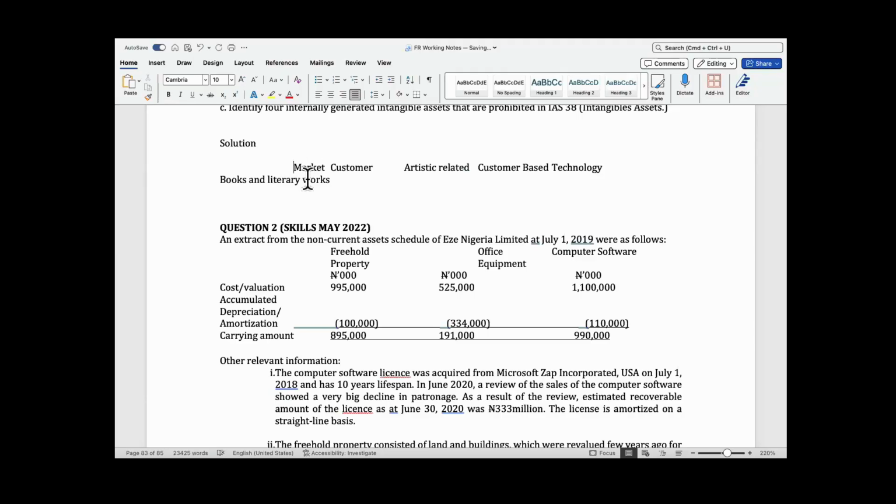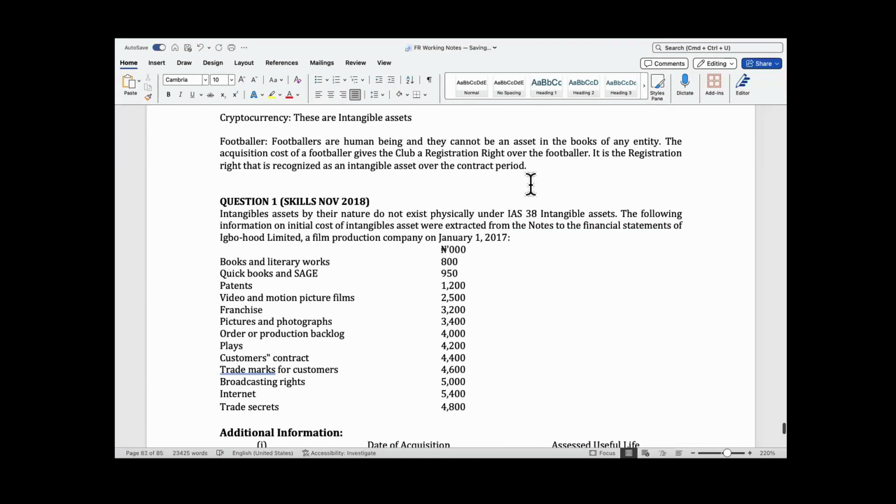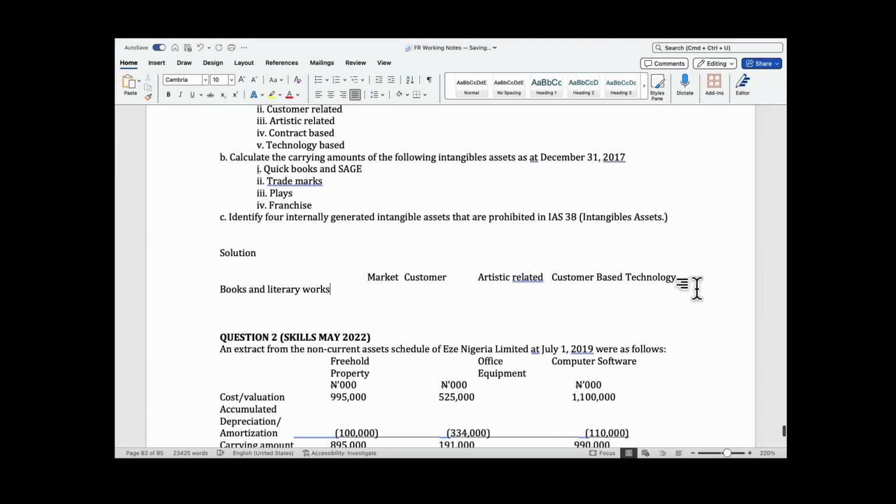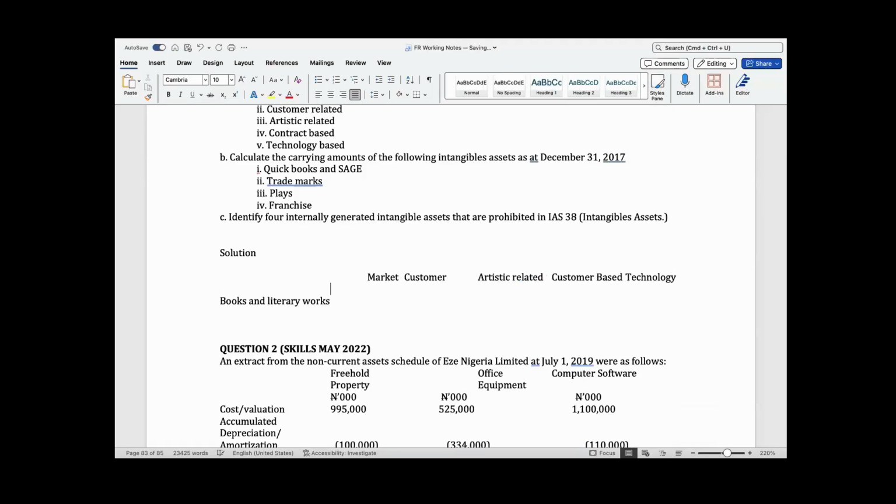Book or artistic? I think the figures are in thousands.